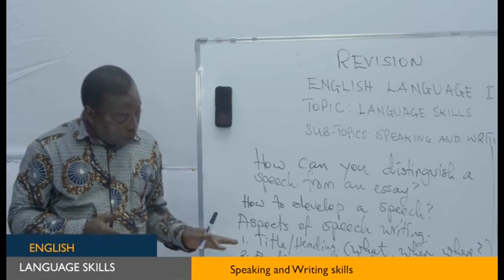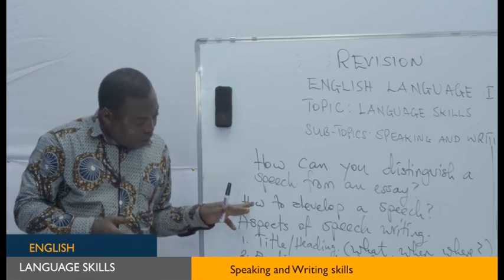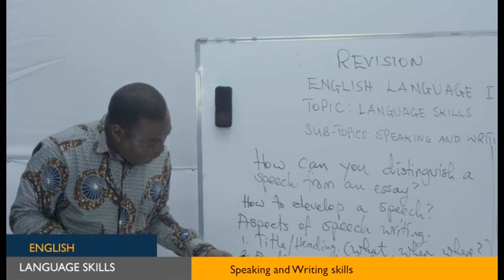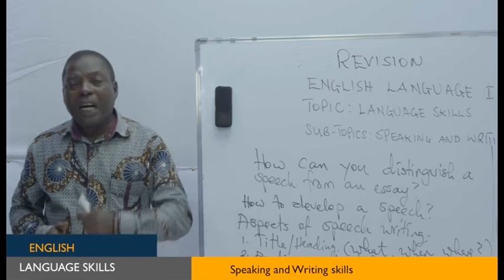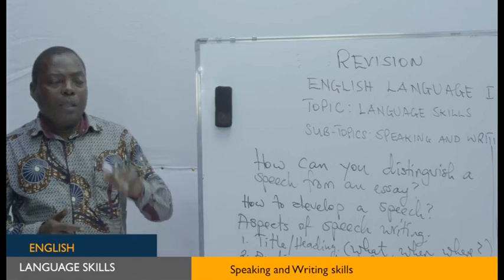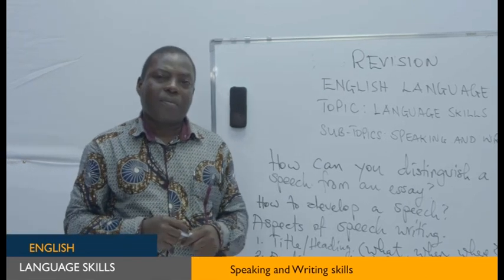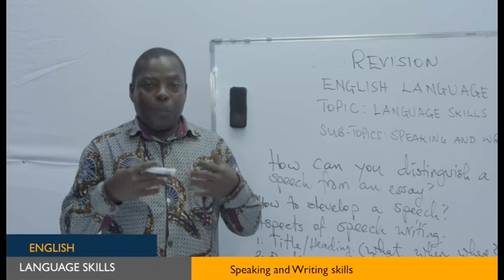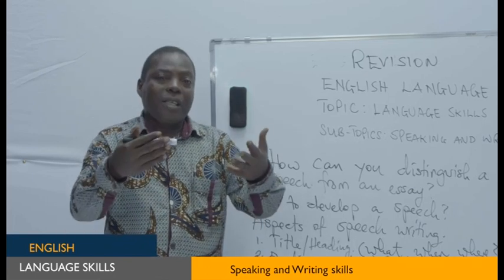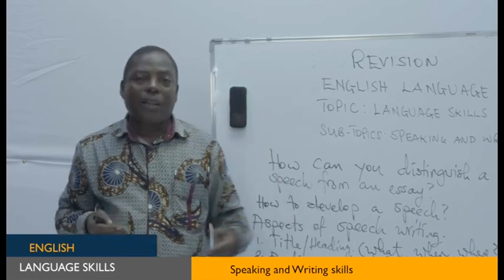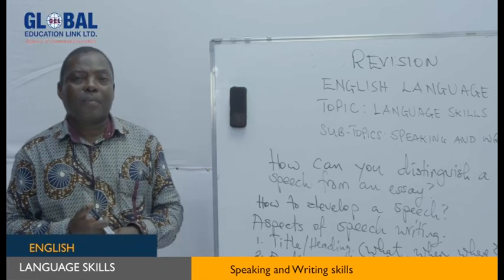Coming to aspect number 2, under speech development, you have to have audience acknowledgement. The people who are in that place, which means the speaker and the audience, sometimes they can see one another. So there's face-to-face.